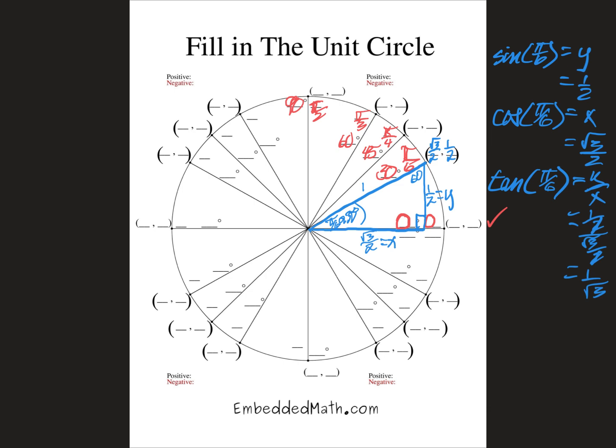Now, just to help you out a little bit, I want to show you this one here. Suppose we make a 150 degree angle, okay? So this one's going to be 150, which is 5 pi over 6, okay?